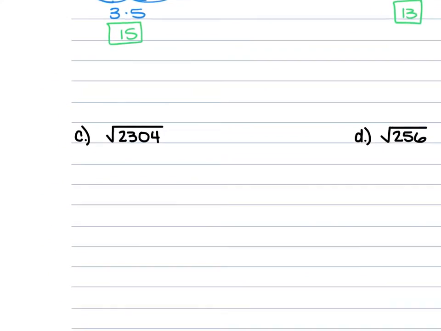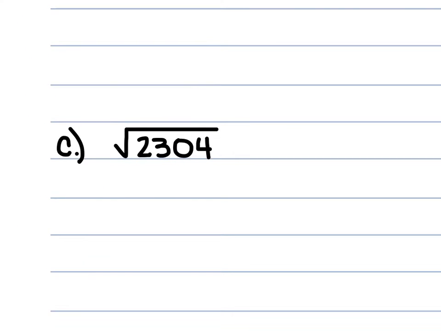For C, we have the square root of 2,304. This is an even number, so if you wanted to, you could divide it by 2. I know that 6 goes into it evenly because it's divisible by 2, and 2 plus 3 plus 4 gives us 9, which 3 goes into also. So this is 6 times 384.